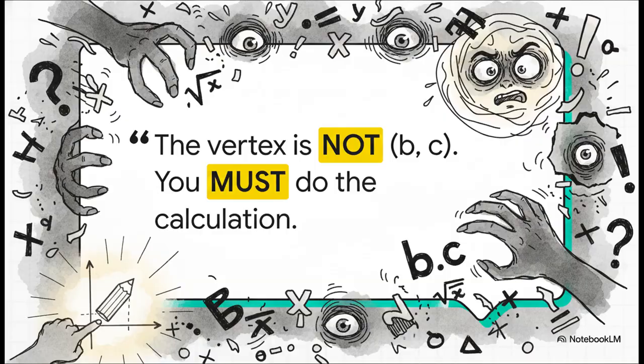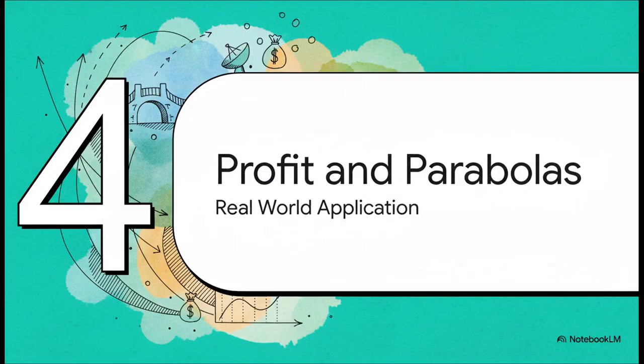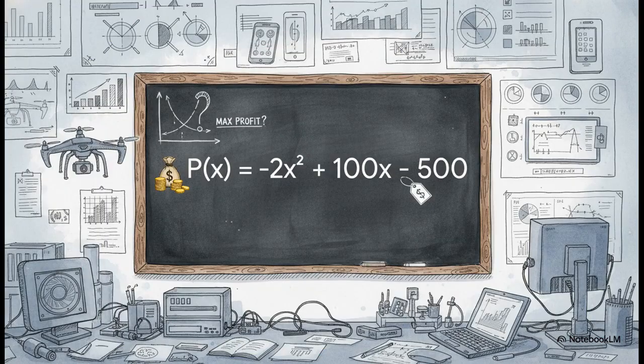No shortcuts here. So you're probably thinking, okay, this is great for my algebra class, but when am I ever actually going to use this? Well, it turns out that finding the vertex is actually a huge deal in the real world. So let's imagine a company. They've got this new product and their profit is modeled by this quadratic equation, where x is just the price they decide to charge. Obviously, they want to find the perfect price, the one that will make them the most money possible.